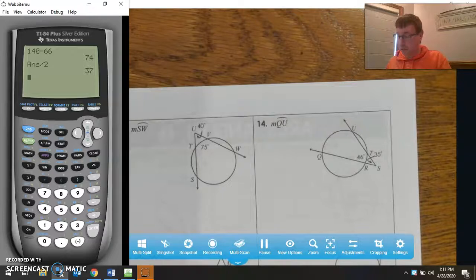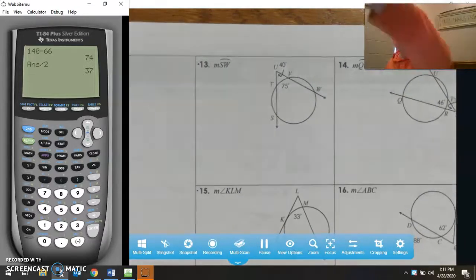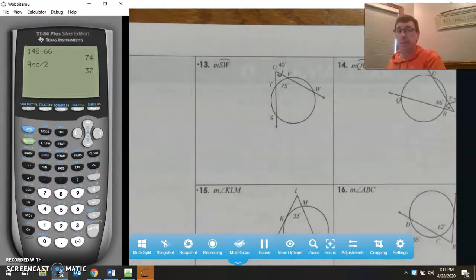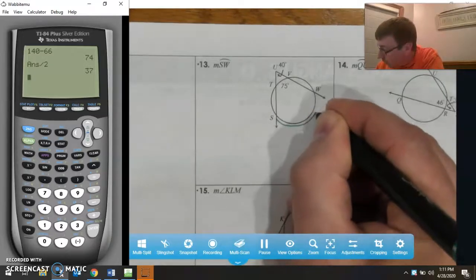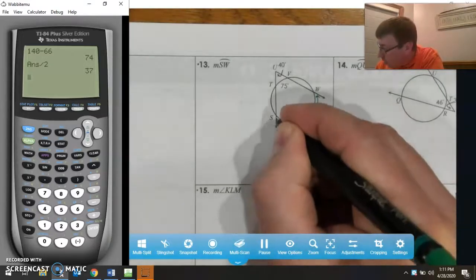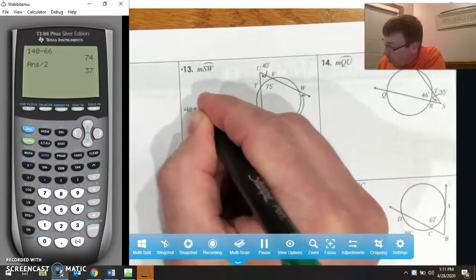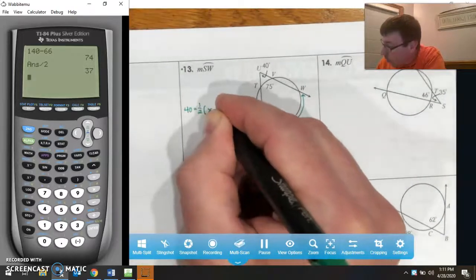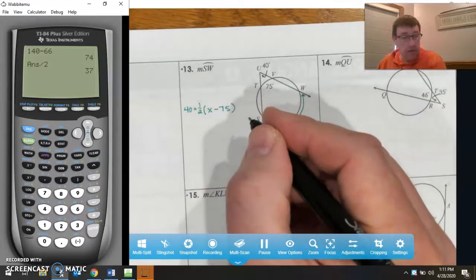Okay, take a look at number 13. We're looking for this arc right here, from here to here. So we know the angle is going to be 1/2 the measure of the big arc, we'll call that x, minus the measure of the small arc.